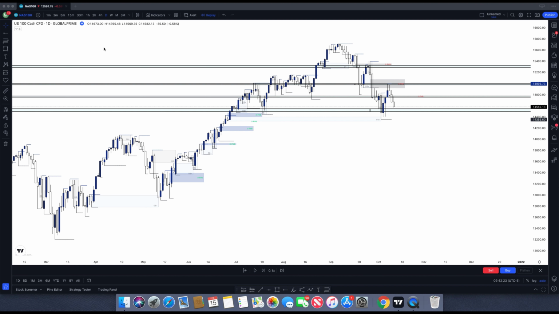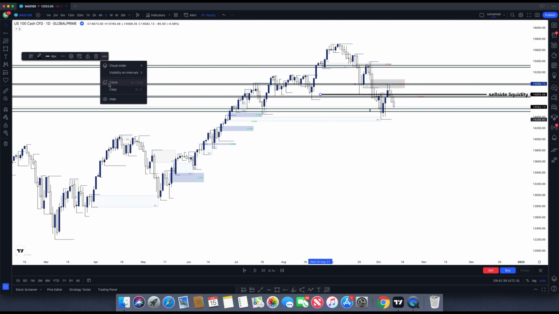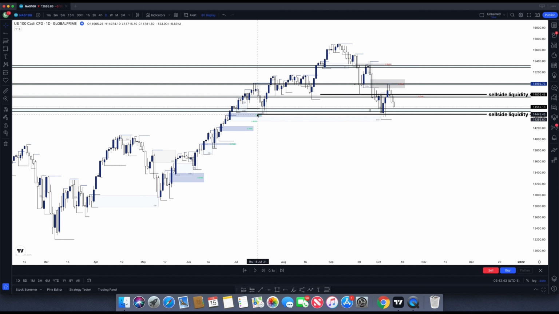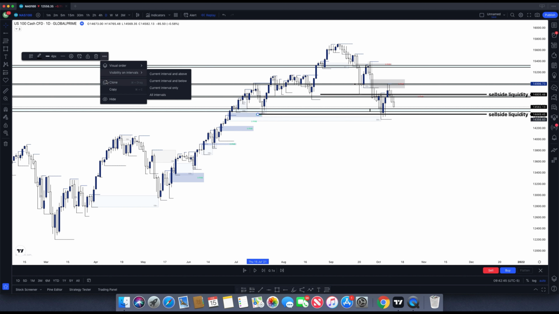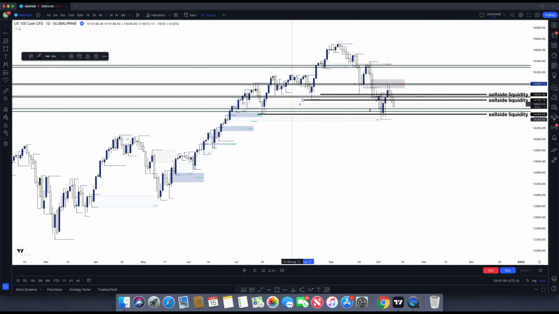Now what I see here is that the market has taken out sell side liquidity from this point, from this point as well, and also from this point here. Now the market's trading back into a demand zone.